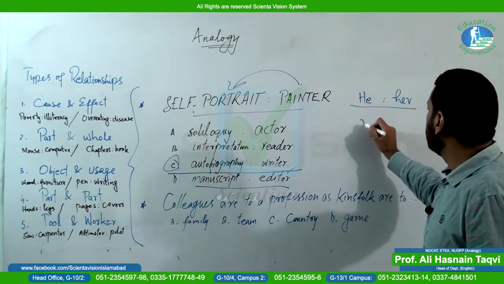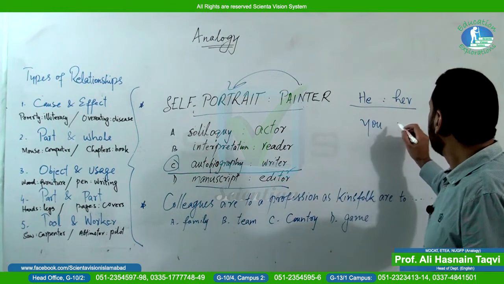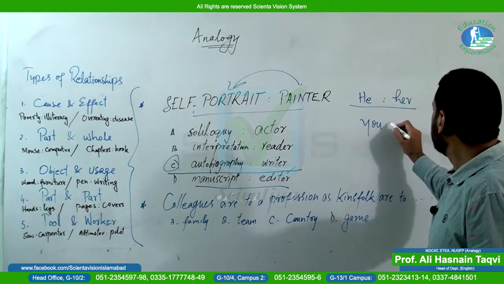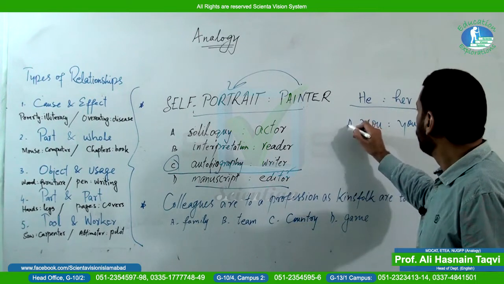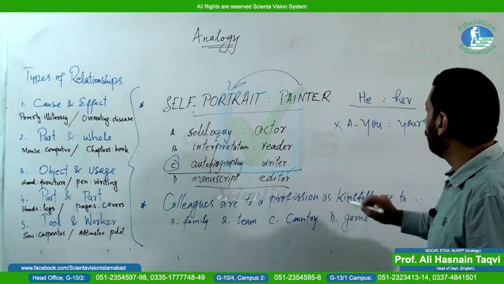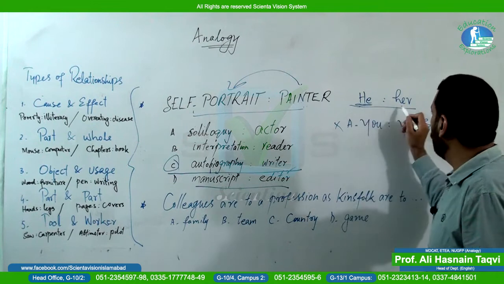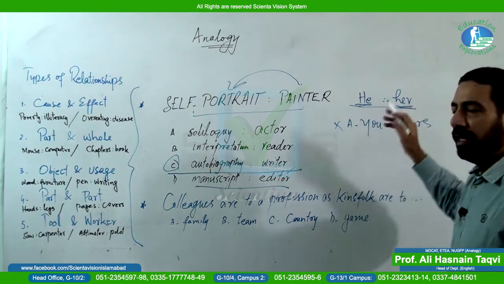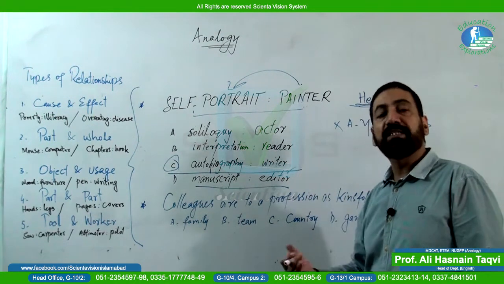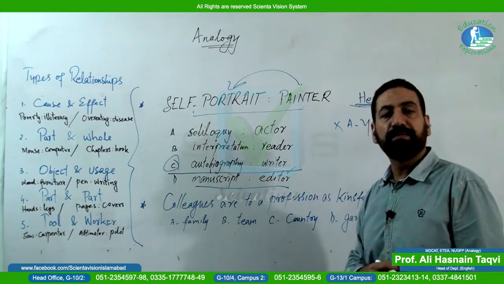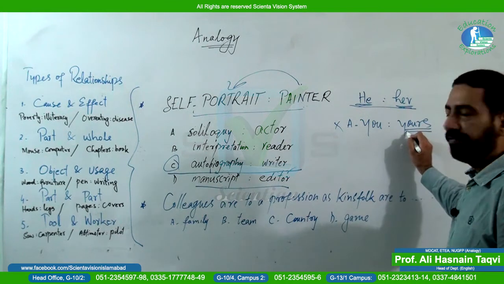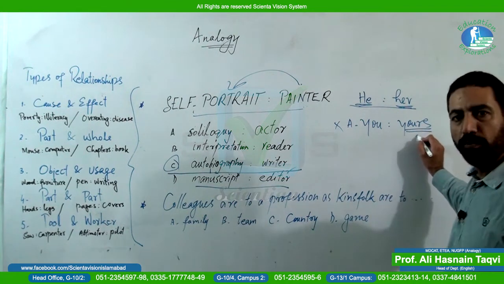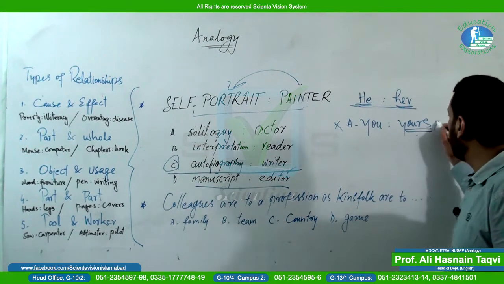Now if there is this, you, and let's say yours as option A, that cannot be likely. Why? Because he is a subject case pronoun, her is object case as well as possessive adjective. So you have to see this one being different. This is a possessive pronoun. So this cannot be our case.